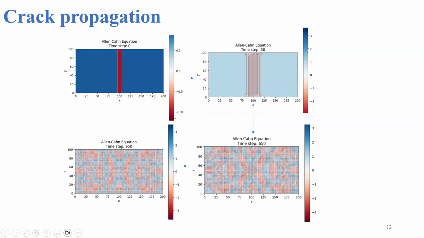You can see on the color bar minus 1, and everything else is 1 here. As we go over time, at step 50, you can see that minus 1 is propagating. At 650, it propagates over the entire slab. There's a small center here, but after 950 steps, all of the crack has propagated. So that's a good way to simulate a crack propagation problem in phase field.